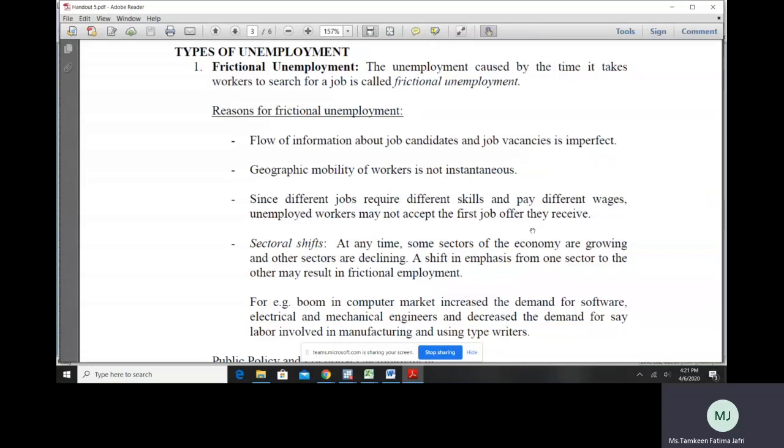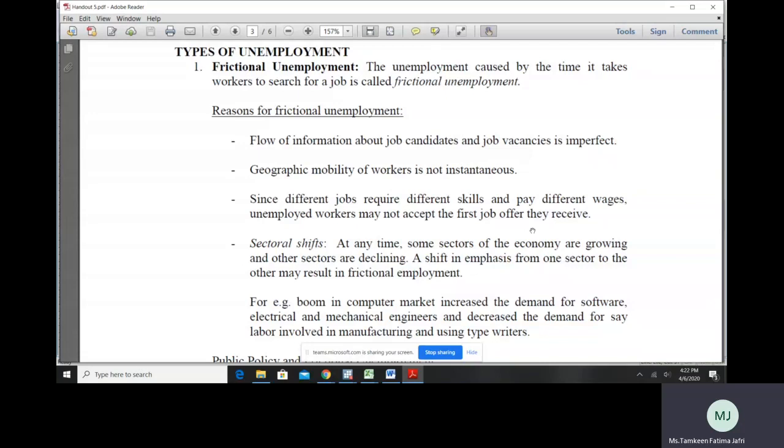Or the job is of a Montessori teacher. Given my qualification, I cannot apply for a job in a hospital, and I don't want to apply for a job as a Montessori teacher. So the job exists, but since it's not at par with my skill or expertise level, I'm not going to take up that particular job.